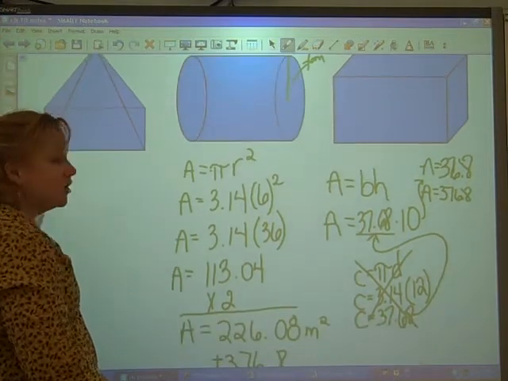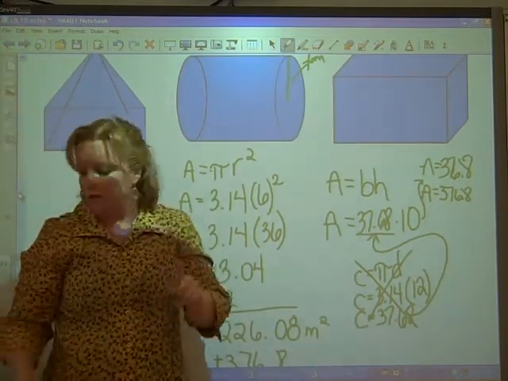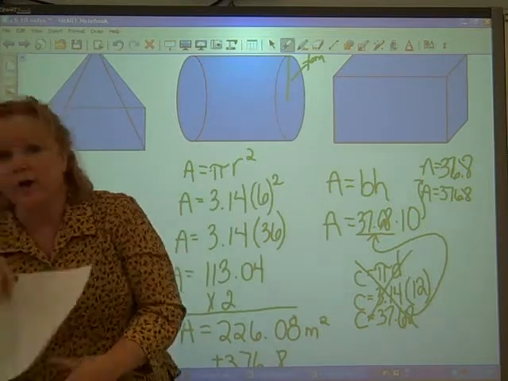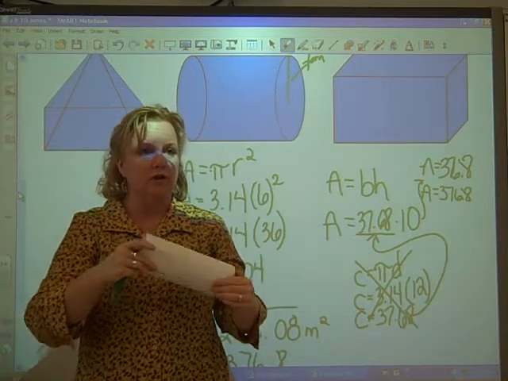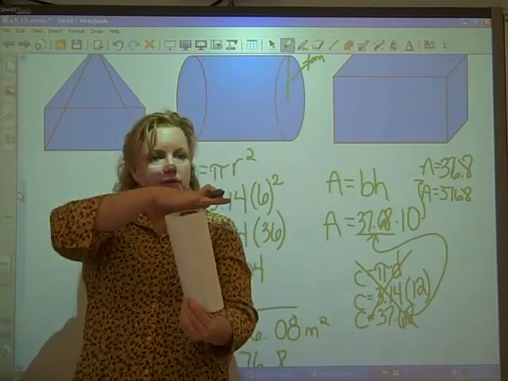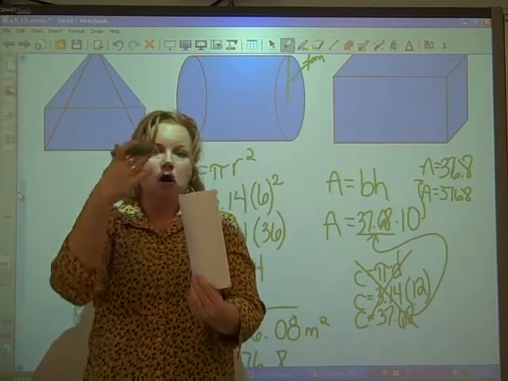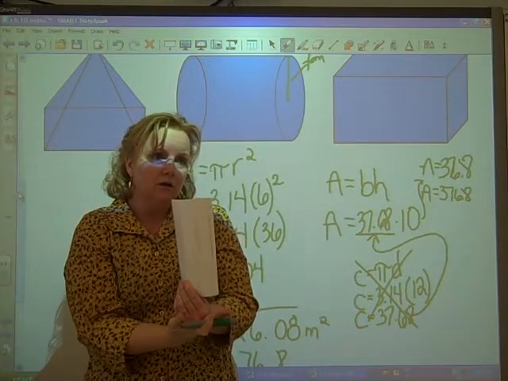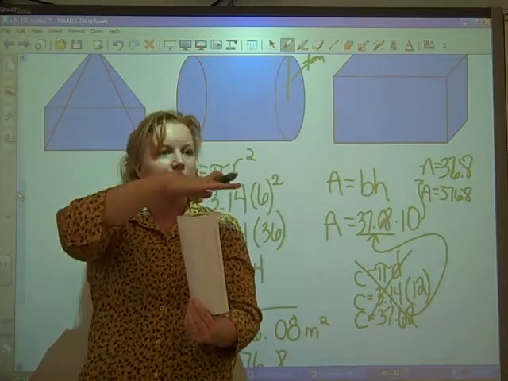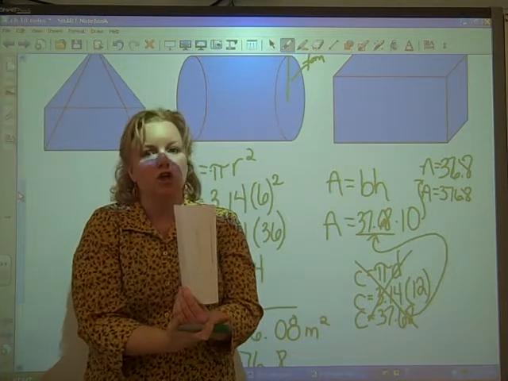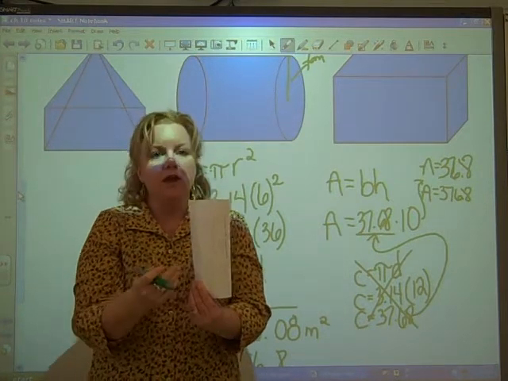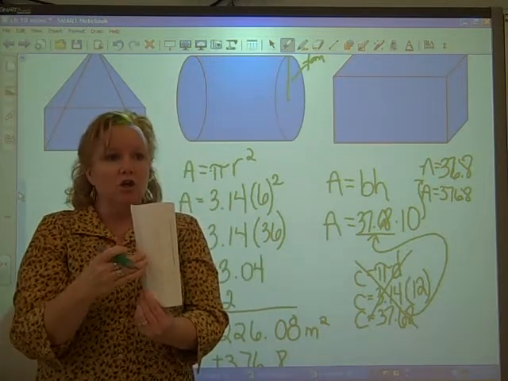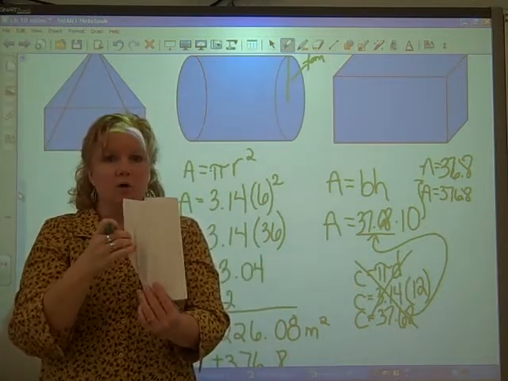Now, so wait, go through it again one more time, stop and think what you're doing. Okay, with a cylinder. If I'm finding the surface area of a cylinder, I'm going to find the area of the top. I'm going to multiply it by 2, because the top and the bottom are the same, correct? Okay, then I am going to think about this cylinder cut open.